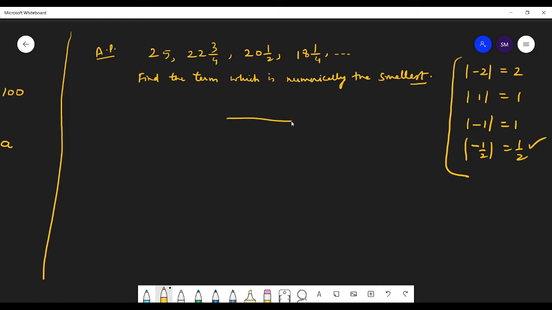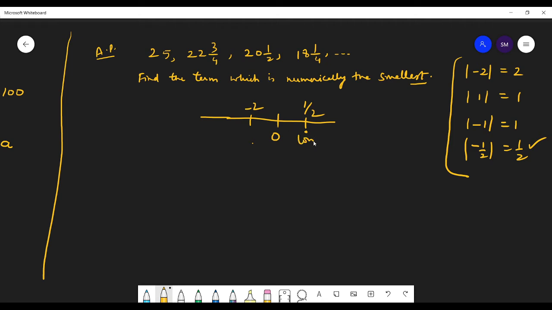Yes, right. See here we have a number line. On the number line, suppose I have 1 by 2 here and -2 here. In an AP there is no number between them.